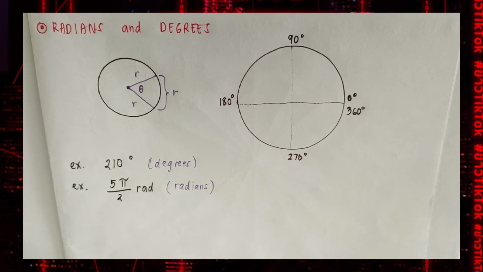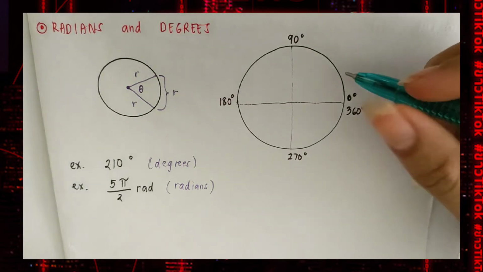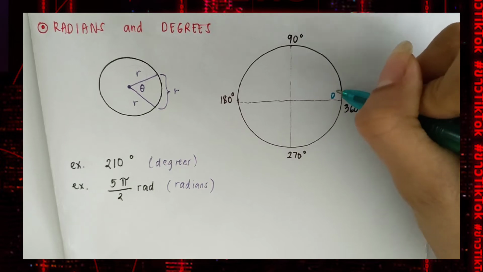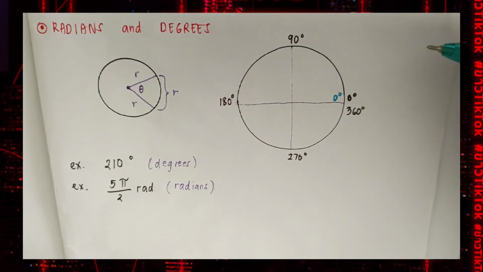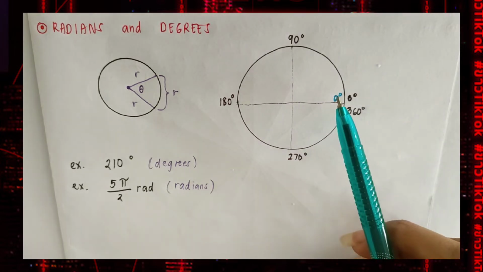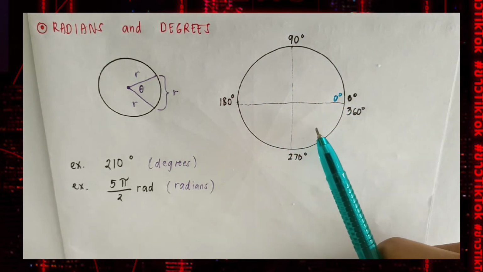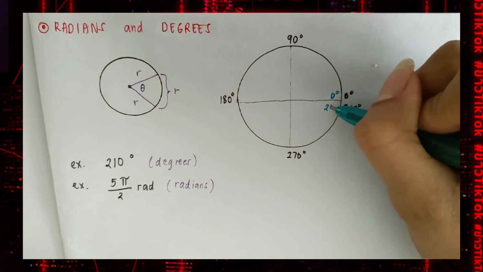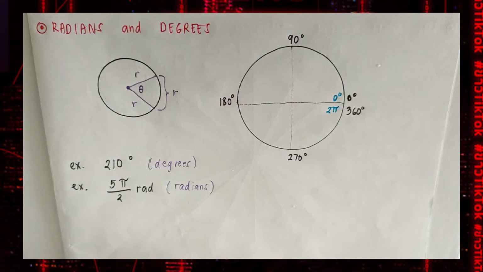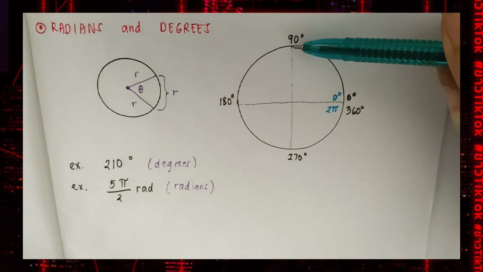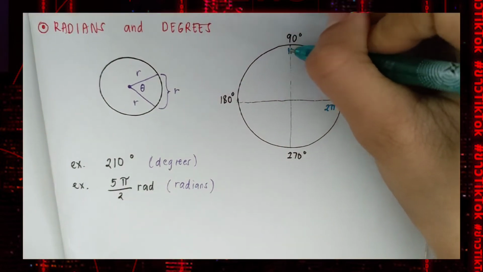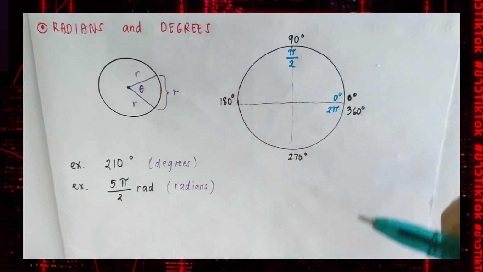Now if you're doing this in radians, the angles would be different, and they would have pi's in them. Start from 0, this is for radians. Move counterclockwise, and a full circle in radians is 2 pi. A quarter of the way is pi over 2.